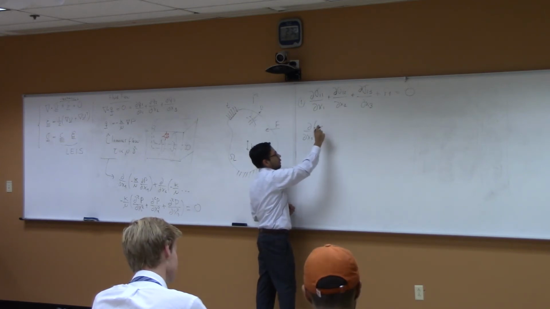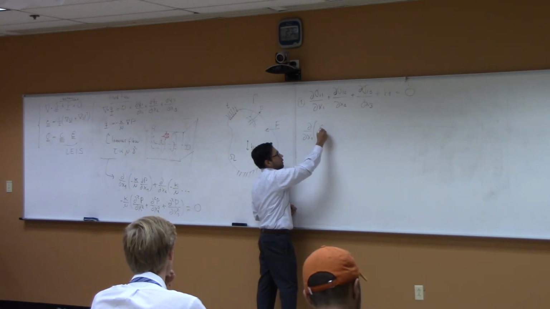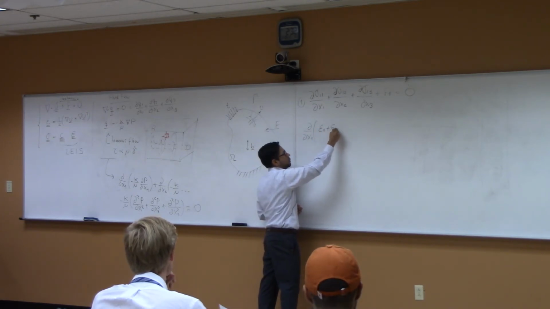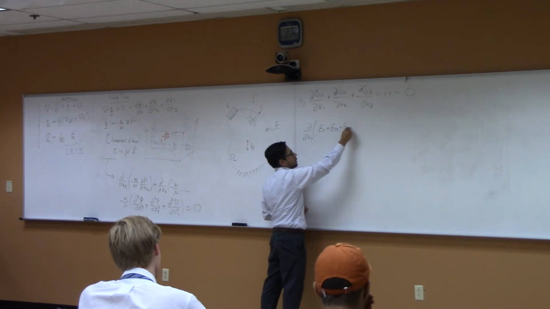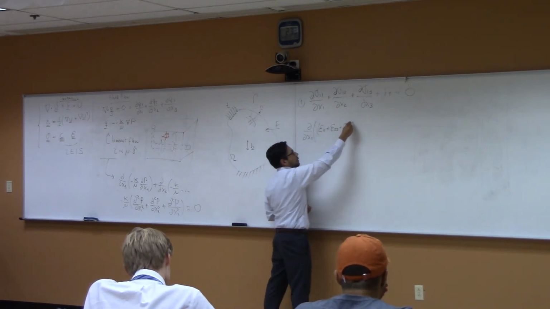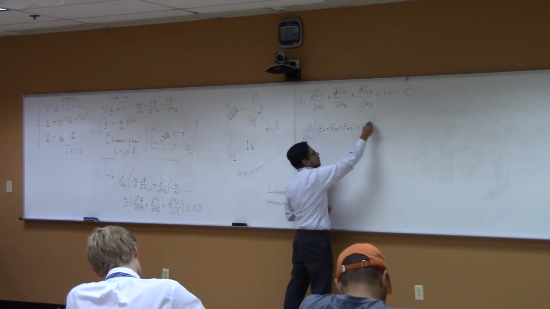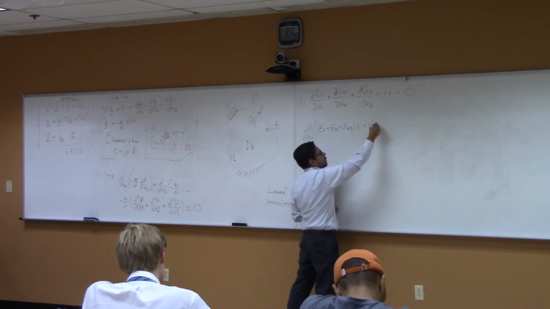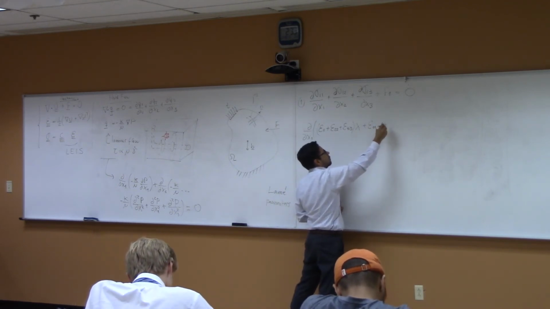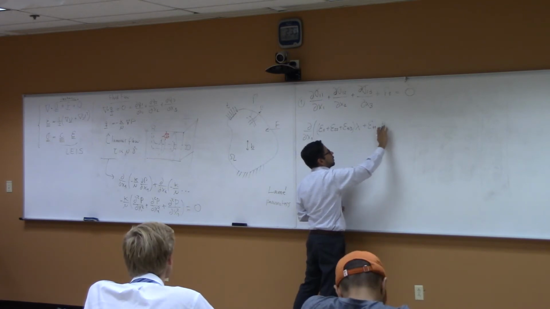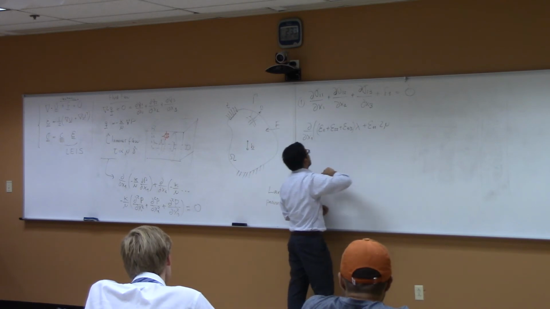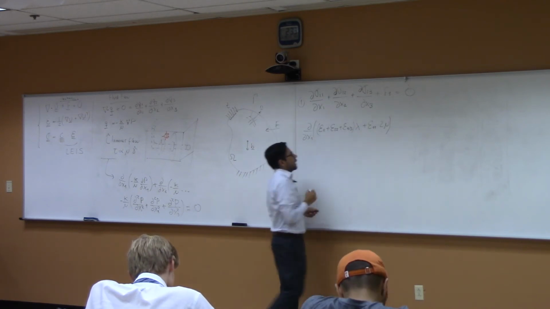So look what I'm going to do. I'm going to write epsilon 1,1, epsilon 2,2, epsilon 3,3 times lambda plus epsilon 1,1 times 2 mu, right? That's sigma 1,1.